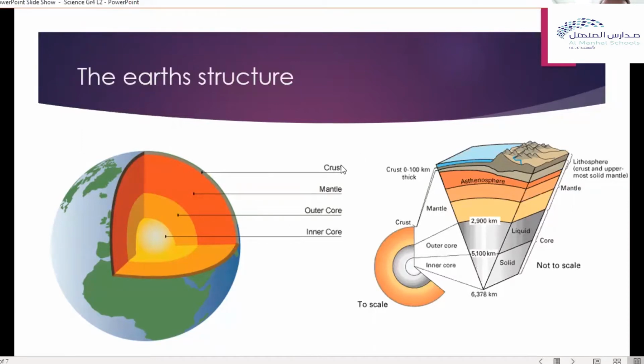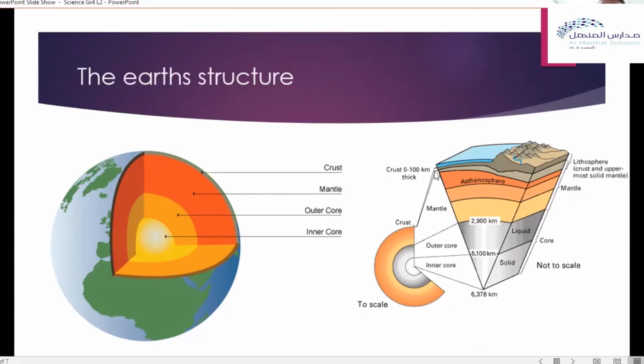We can see that the crust, mantle, outer core, and inner core form the four main layers of the Earth. The inner core is a solid, very hot ball of metal, and the outer core is in liquid form.